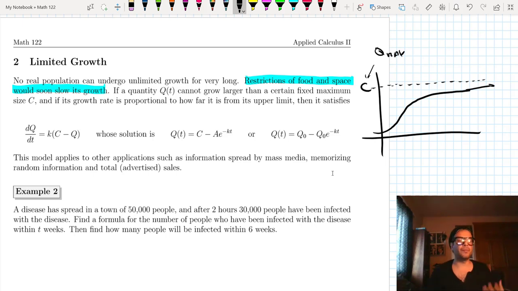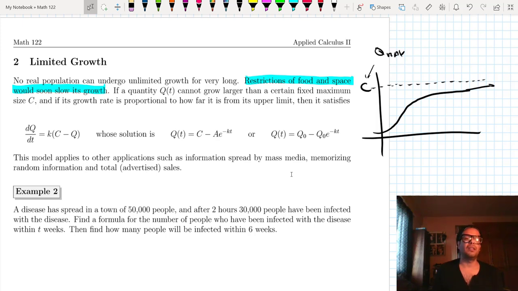So Q max is, for example, the size of a population, the size of a city. For example, in the example that we're going to go over here, which is a town that has 50,000 people. We're going to deal with a situation in which a disease spreads in a town with 50,000 people, in which we know that after 2 weeks, 30,000 people have been infected.